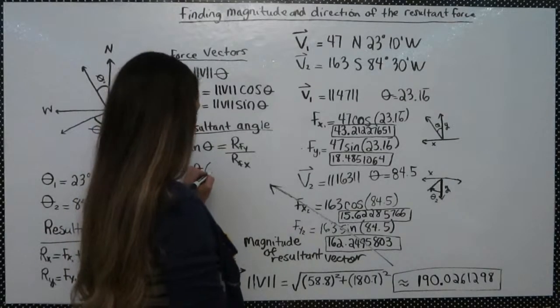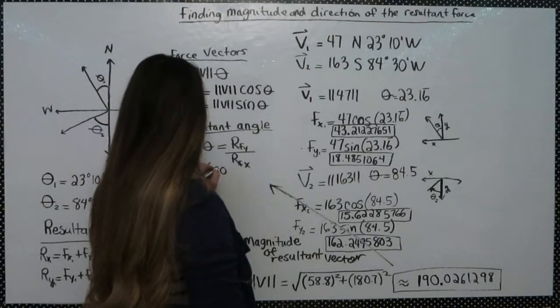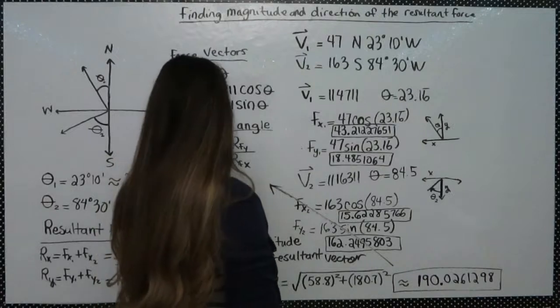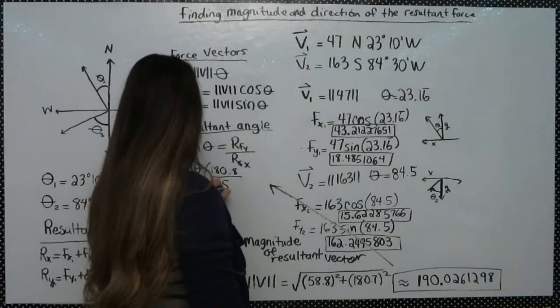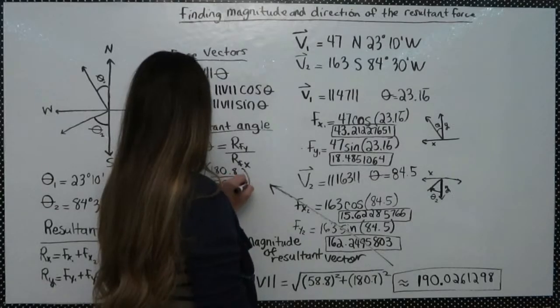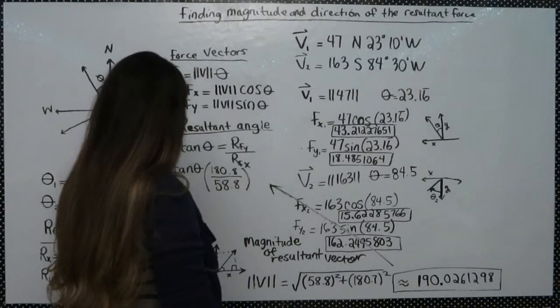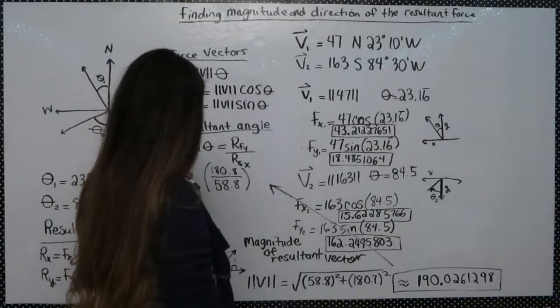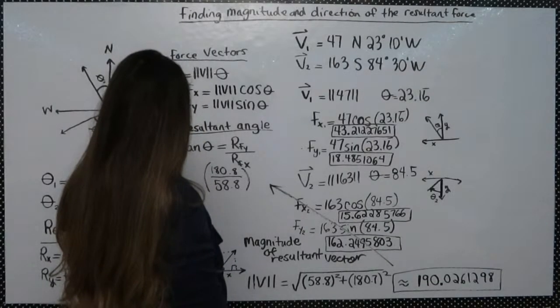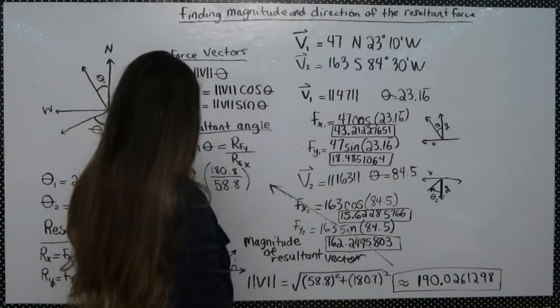So it's going to be 180.8 divided by 58.8. There's an equal sign in there. I'm not going to fix it. Tan theta.